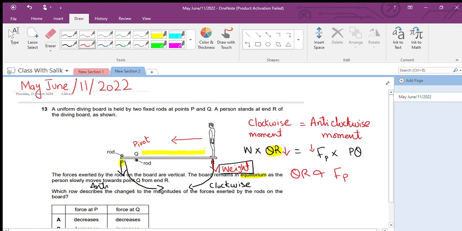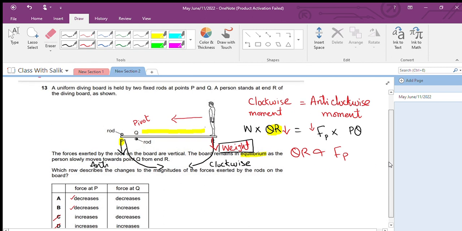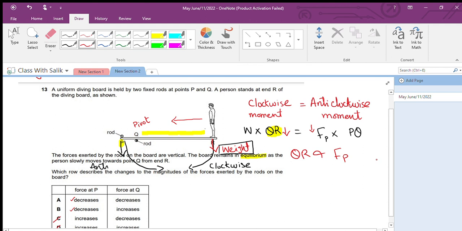So the first thing is clear that force P will decrease. So these two options, C and D, will be eliminated. We will eliminate C and D. Now, in order to find what is happening to the force at Q, we will make P the pivot.